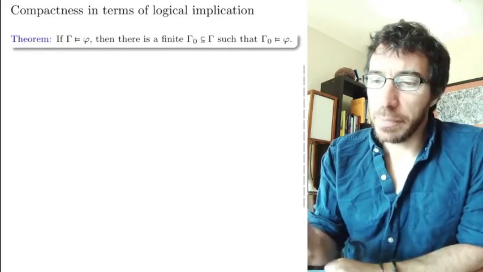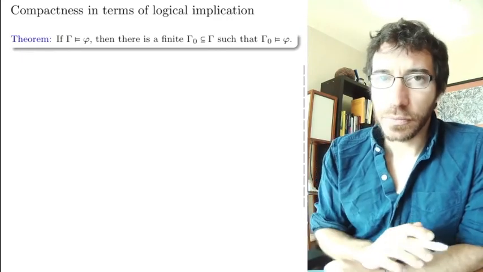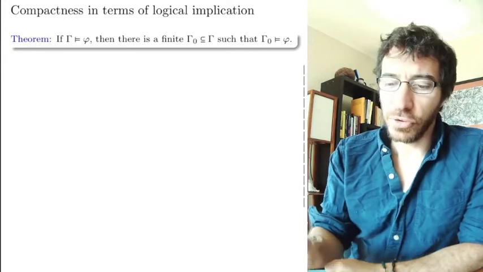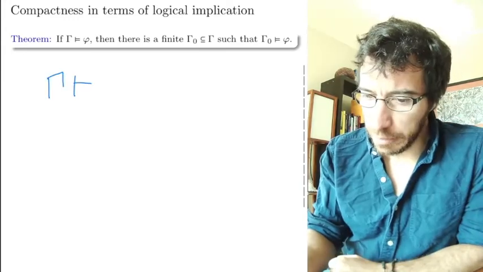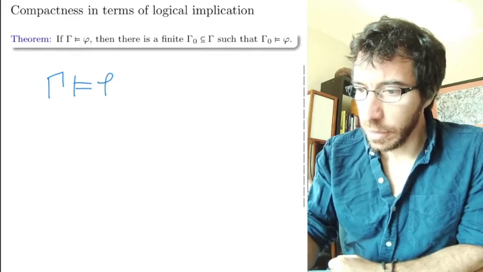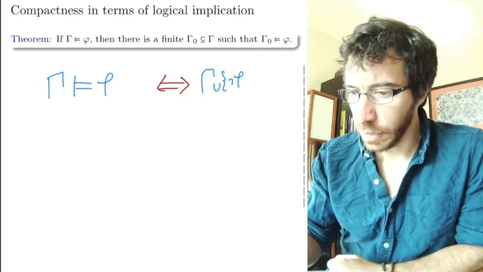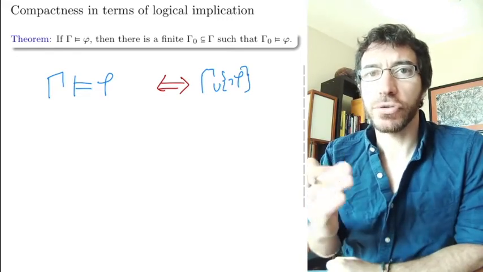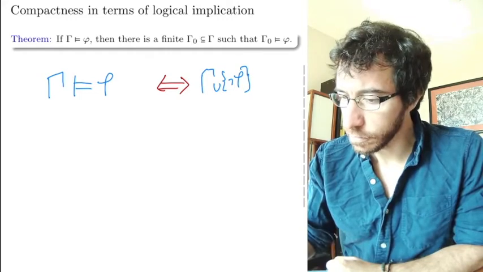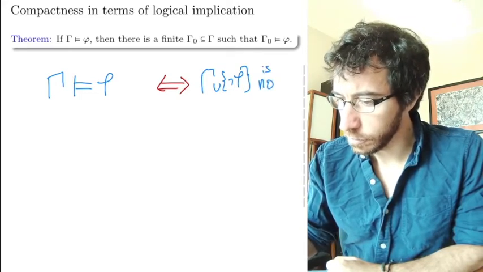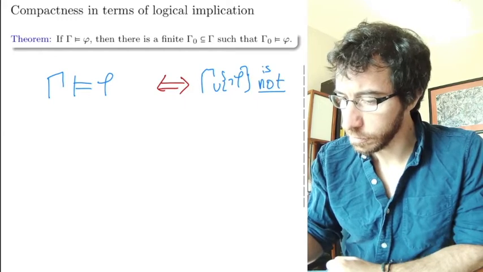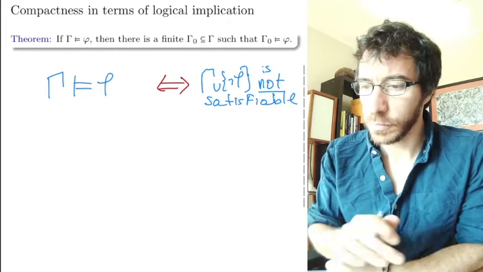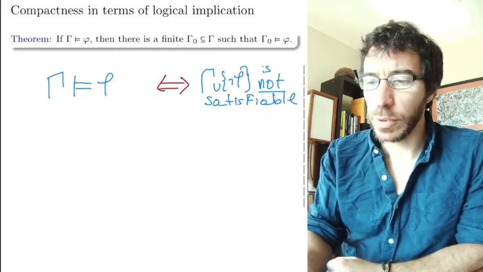And we claim this is equivalent to compactness, and this is because of the observation that we had before, that gamma logically implies phi is equivalent to saying that the set gamma together with the sentence not phi is not satisfiable.